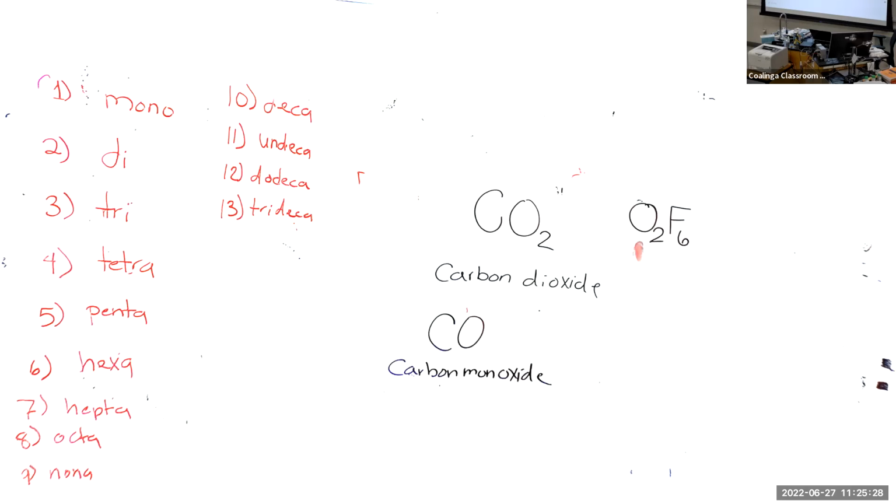You're asking, yes, you put how many you have of the oxygen. Because this was just called carbon, so then we say, how many oxygens do we have? Two, di. Excellent. Oxygen. Hexafluoride. Hexa. Chloride. Right.